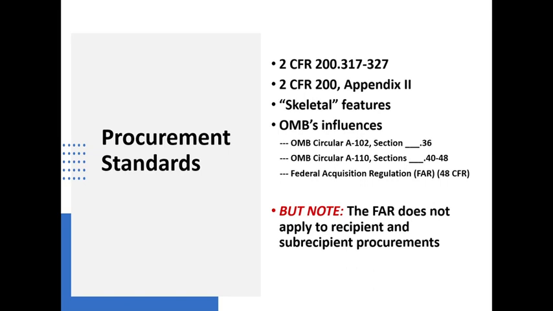The other thing I should mention is a citation to Appendix Roman numeral 2 of 2 CFR 200. What that is, is a listing of all of the so-called boilerplate or standard clauses that have to go into a purchase order or a contract that is undertaken with federal funds.